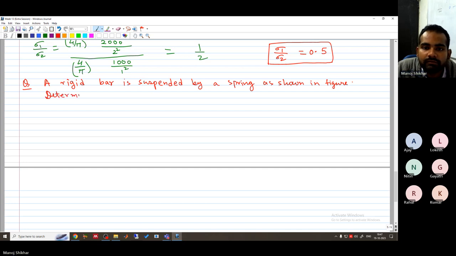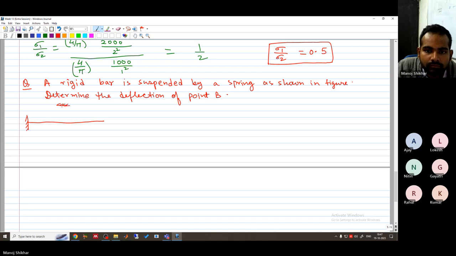Determine the deflection of point B. And the figure is something like this. The spring constant is 5 Newton per millimeter.